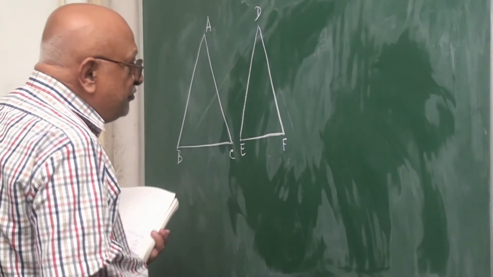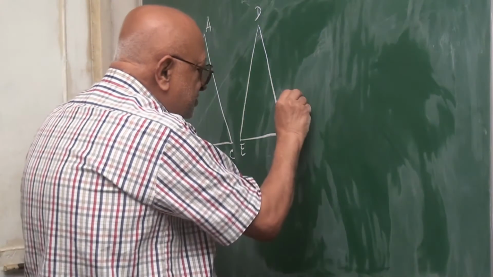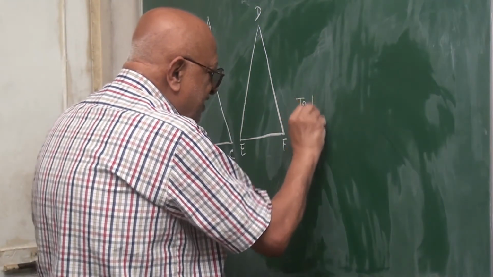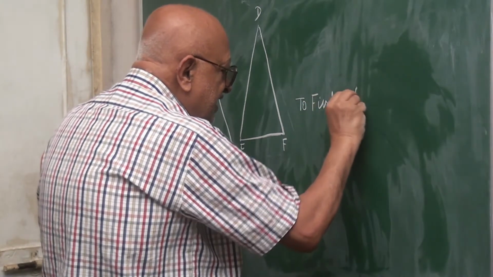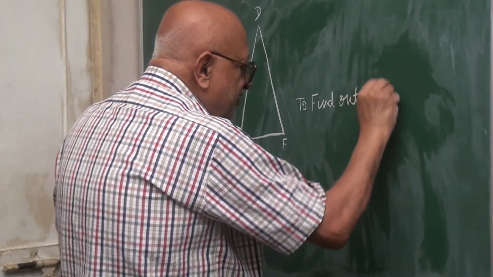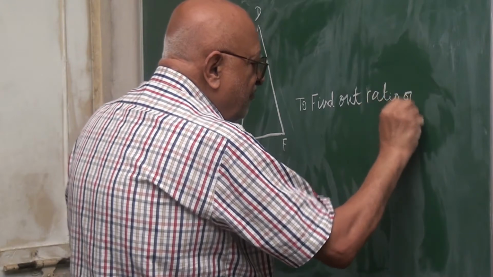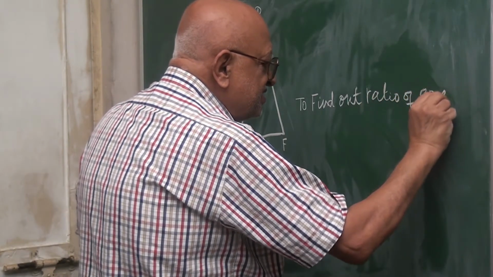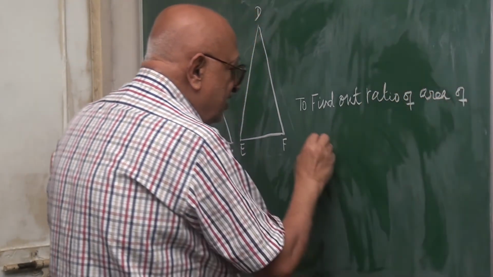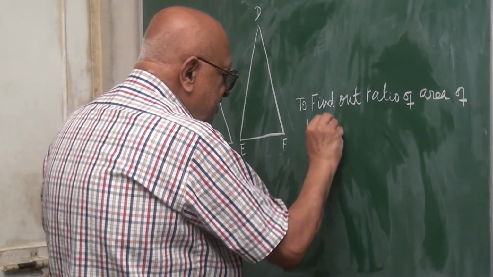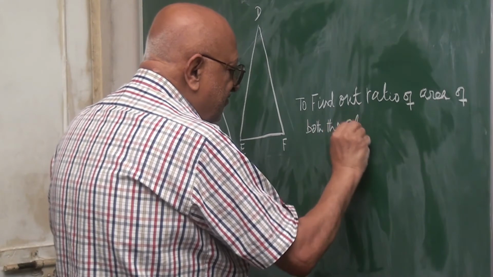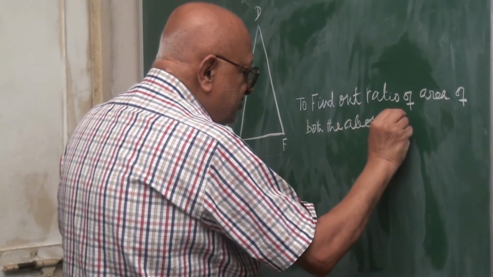What they want us to find out is the ratio of areas of both the above triangles.